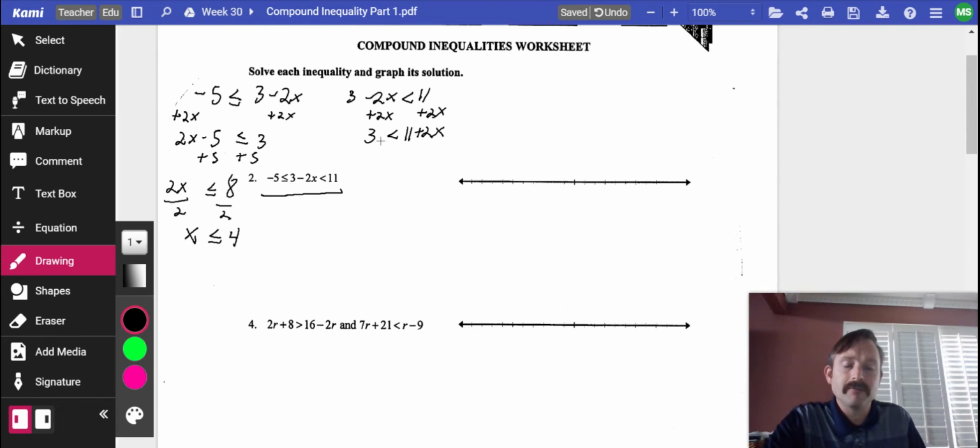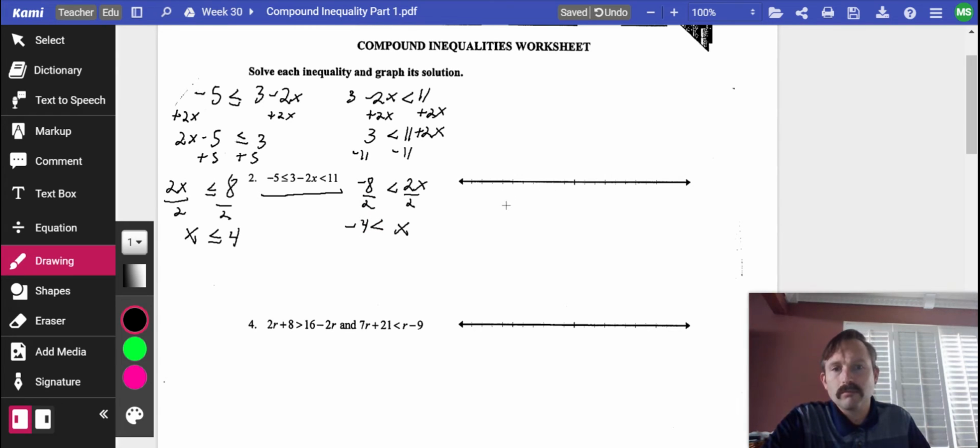Now for this one, we're going to minus 11 on both sides, and we're going to get -8, and we're going to have 2x right here. If we divide by 2 on both sides, we'll get x is greater than -4.